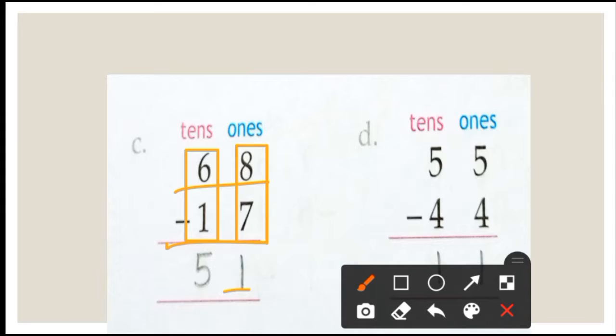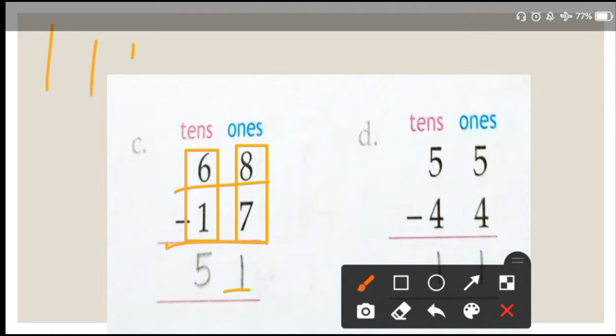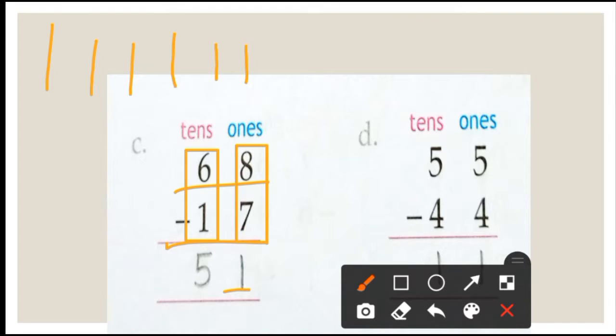Now we will move on to the tens part. For this we will subtract 6 minus 1. We will draw 6 lines. Let's start. 1, 2, 3, 4, 5 and 6. Now we will cut one line. Now we will count our remaining lines. 1, 2, 3, 4, 5.